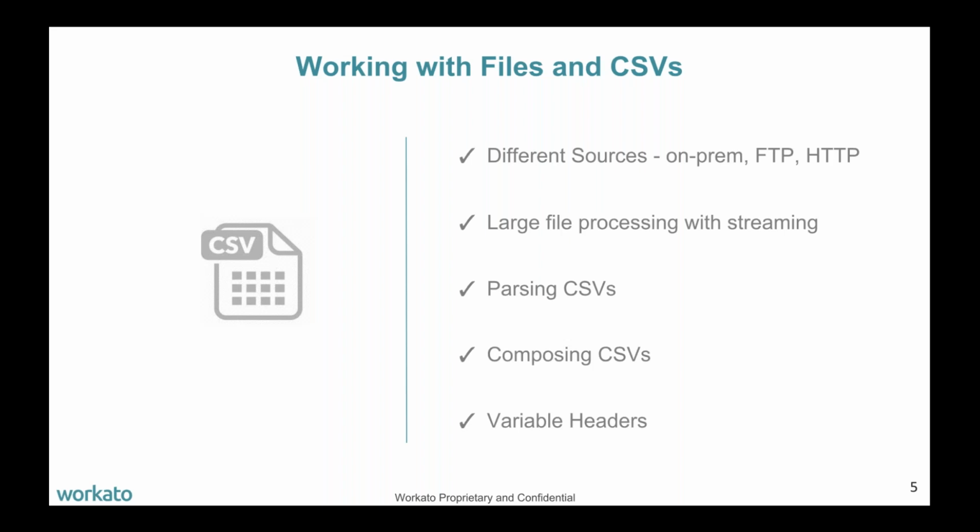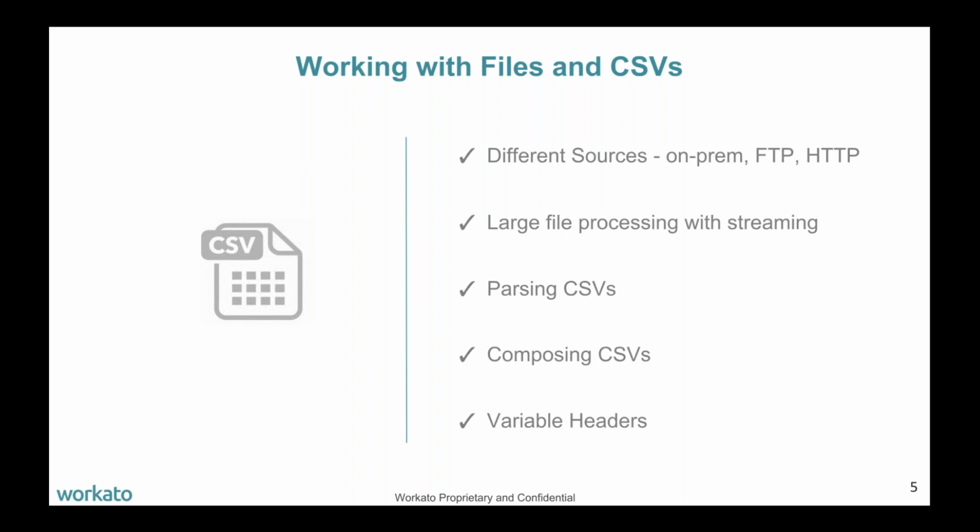Next, we'll cover working with large files, and when we say large, working with millions of rows, and streaming these CSV contents instead of processing them row by row. And then we're going to cover parsing and composing CSVs using Workato's utility. This is primarily to perform transformations with CSVs, and just parsing, creating CSV content from unstructured formats.